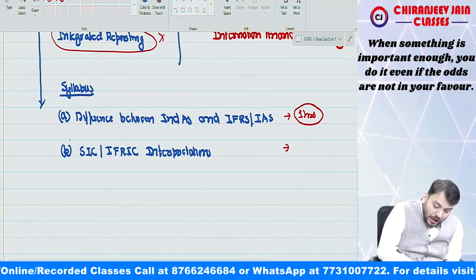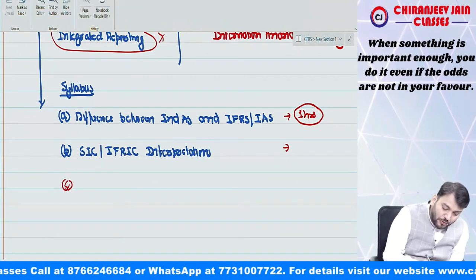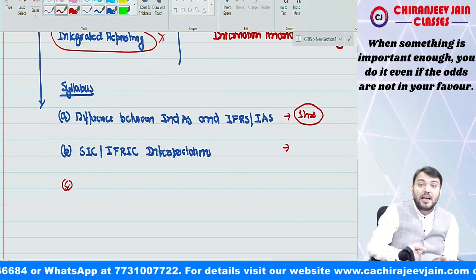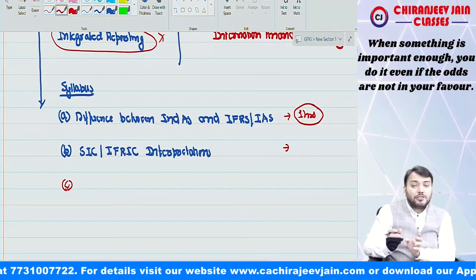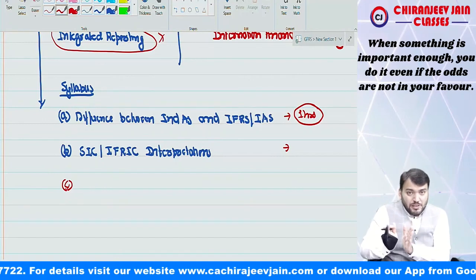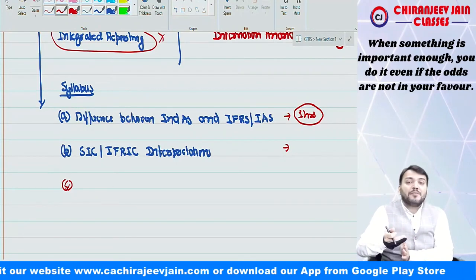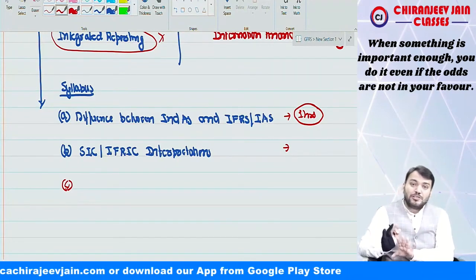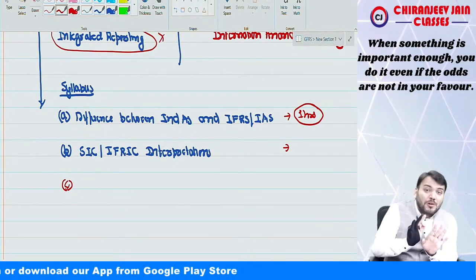Now, apart from these two, there is one more part which we need to understand. That is the difference between IFRS and US GAAP. You might be knowing about US GAAP. The US has not adopted IFRS till now, so they prepare their financial statements based on US GAAP.